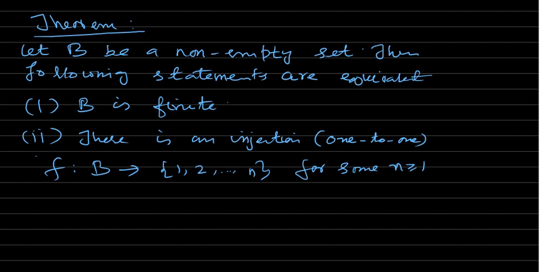But we can't say this cardinality is n. Cardinality के लिए आपको bijection दिखानी पड़ेगी. So this is the criteria for a finite set. It does not say anything about the cardinality.